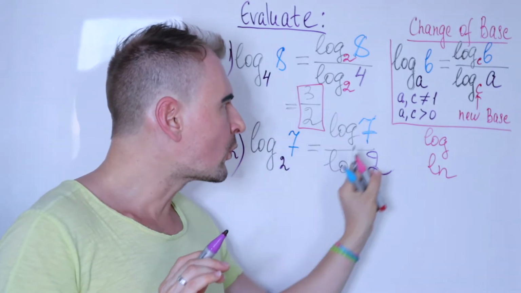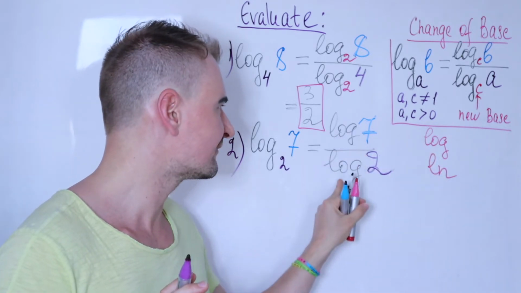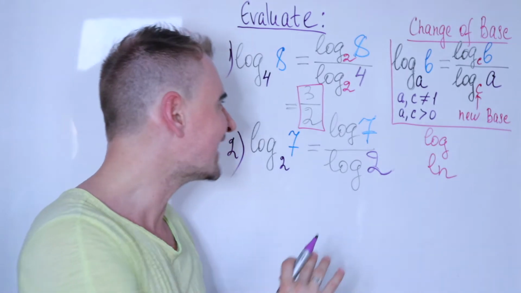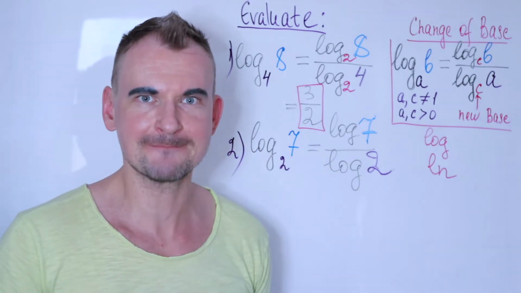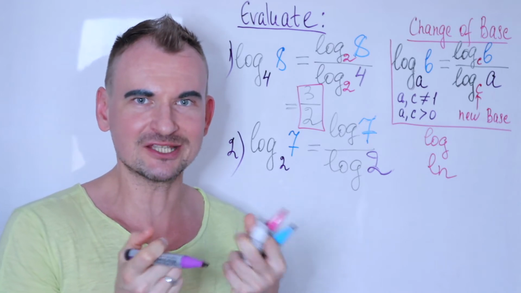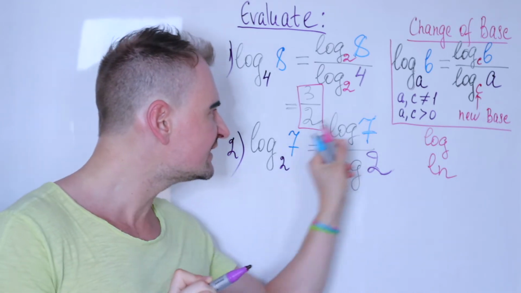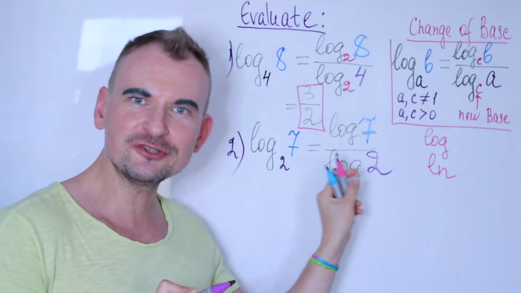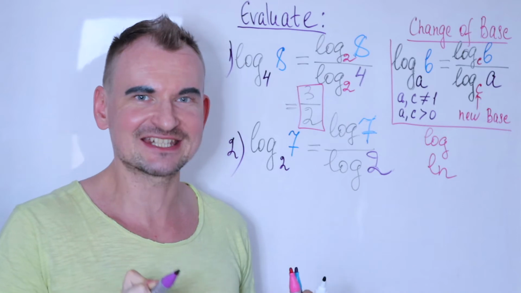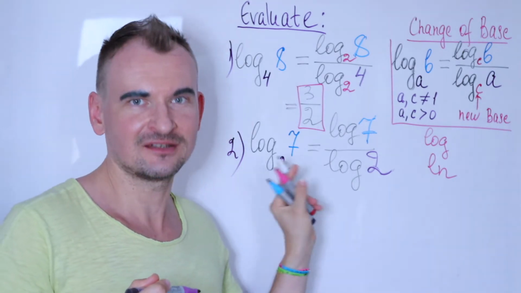So I'm going to pick this common log for that new base c. And all you do is grab your scientific or graphing calculator, punch these two logs, and find the division. Whatever decimal you get would be the answer for that logarithm.